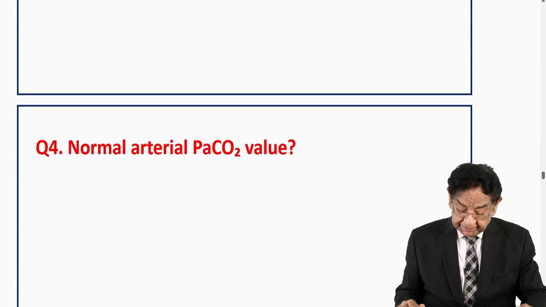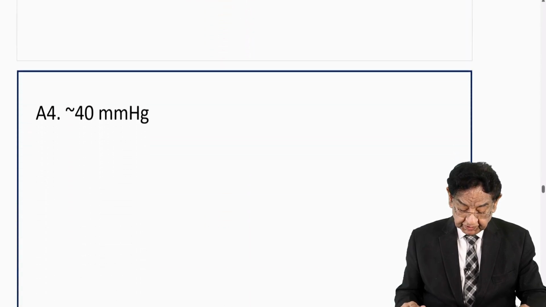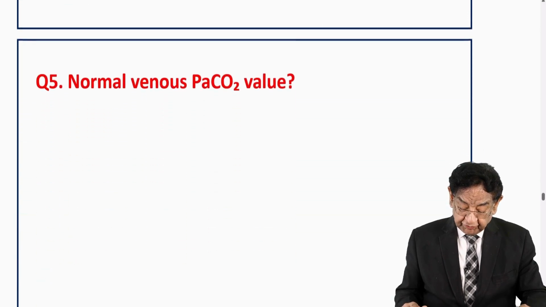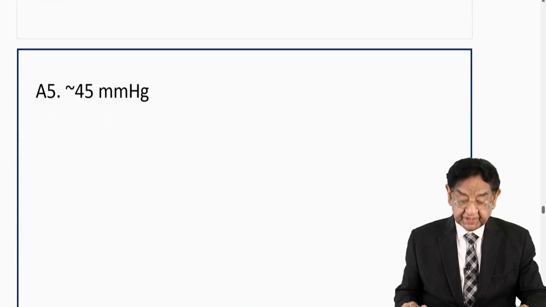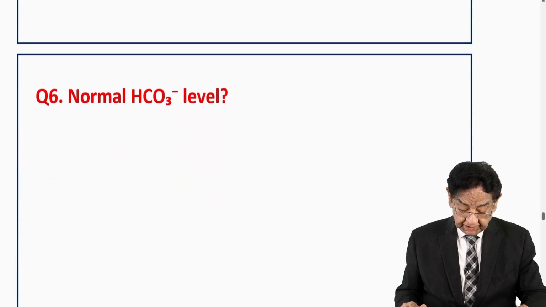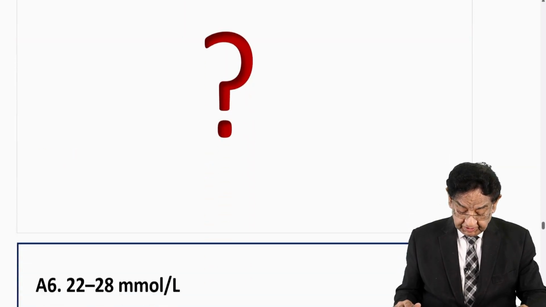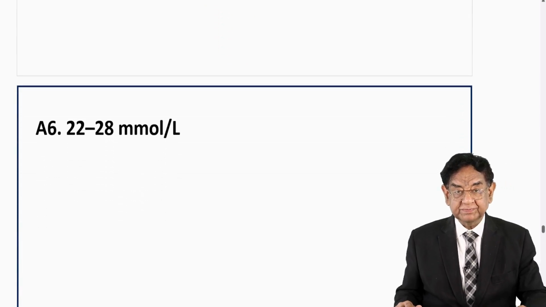Normal arterial PaCO2 is how much? 40 millimeter mercury. Normal venous PaCO2 value? 45. Normal bicarb level? 22 to 28, and the average we take as 24.